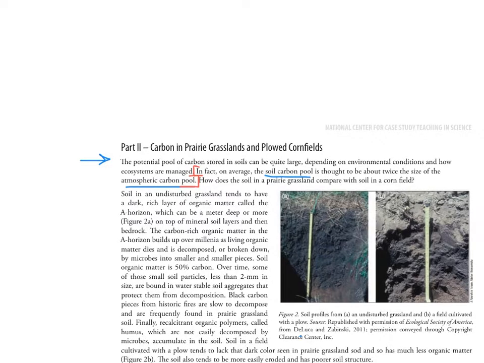And if I had to write this as a mathematical statement, I would say we have a carbon pool. So if I let one little box, a gray box with a C in it, equal one carbon pool, we're going to have a soil carbon pool and an atmospheric carbon pool.